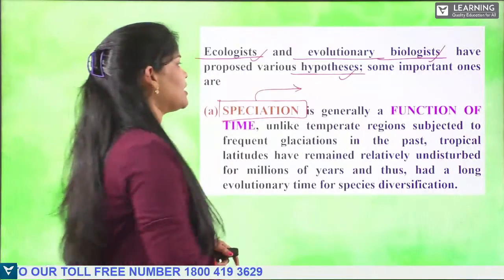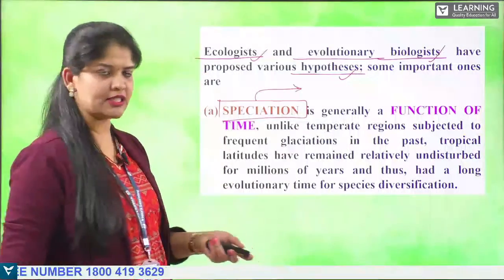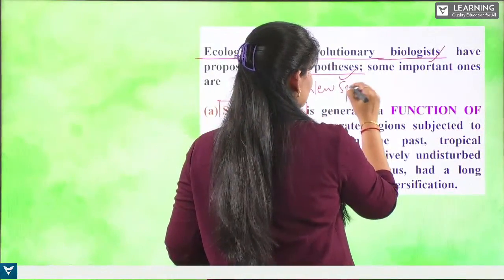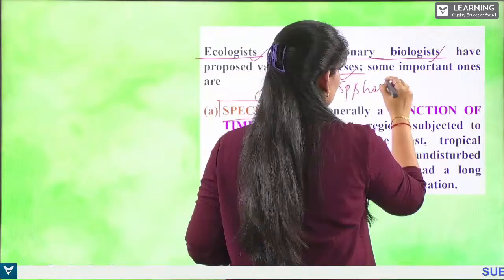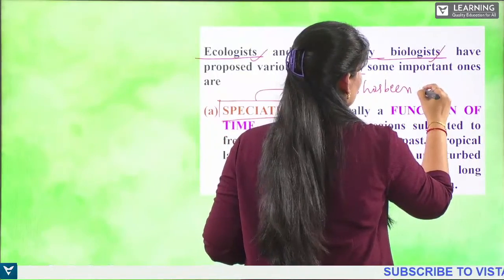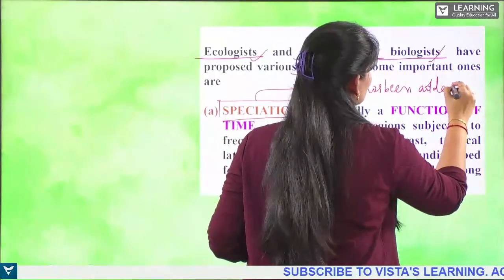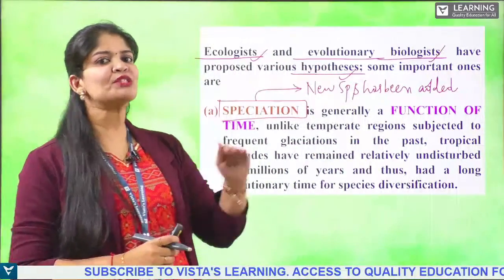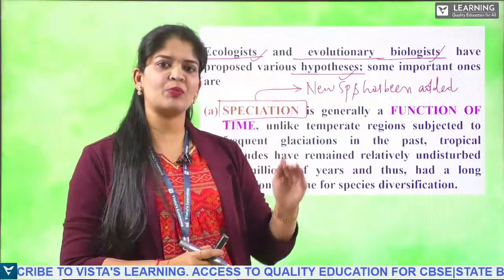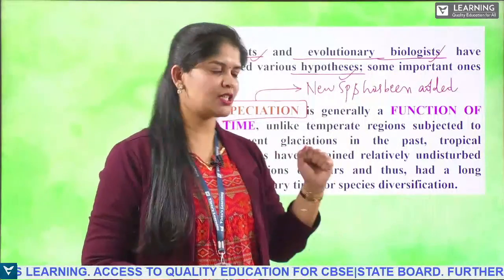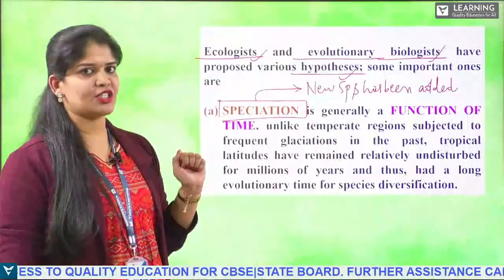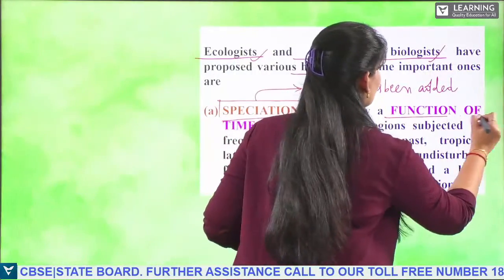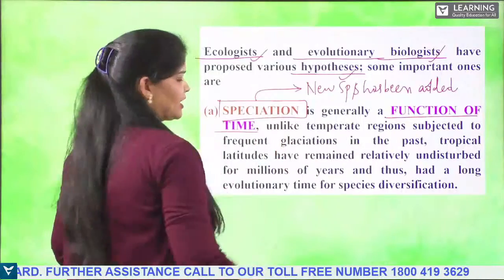Speciation is the evolutionary process by which new species are added. Addition of new species means more species diversity. That is species diversification. Speciation is generally a function of a unit, and that unit is time here.